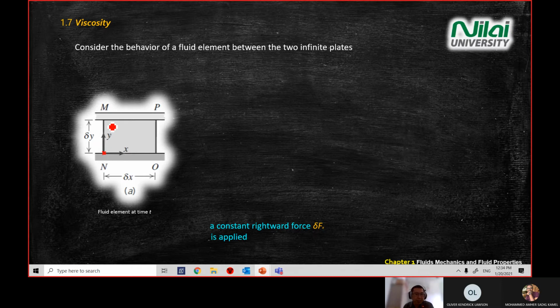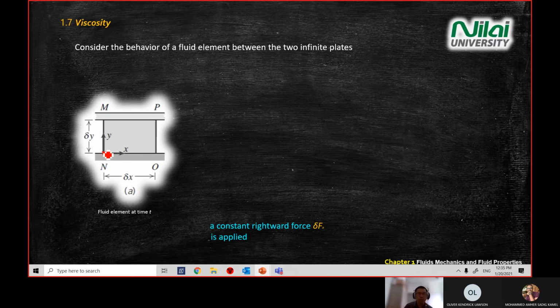And then there's the x direction, which we call delta x, which is the length of this element. And then the z direction, because this is a 2D diagram, all the z direction we assume as 1.